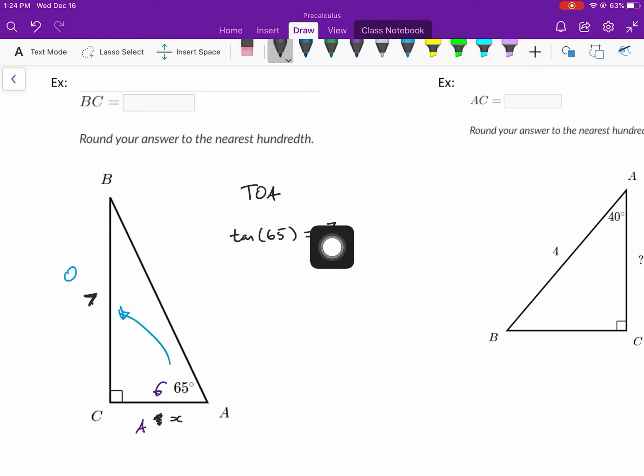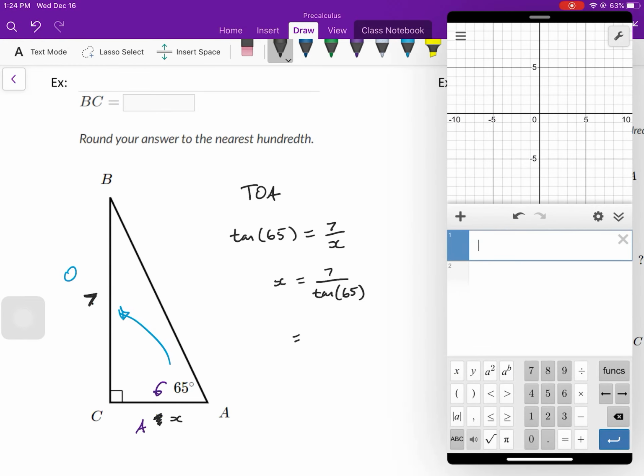Notice opposite's first, so it gets put on top. Now since x is on the bottom, this is the case where we're going to divide. That's why I rewrote the problem a little bit, just to show you guys an example where we have to divide. So then from there, and that's the main idea.